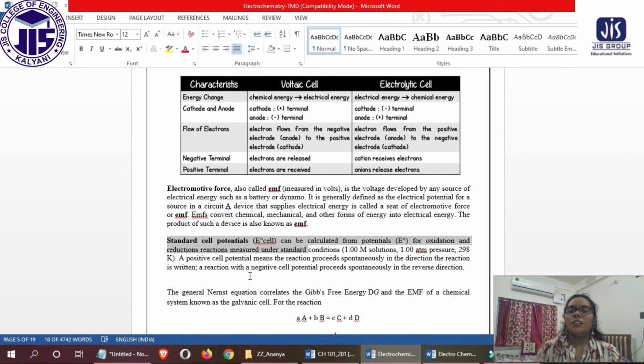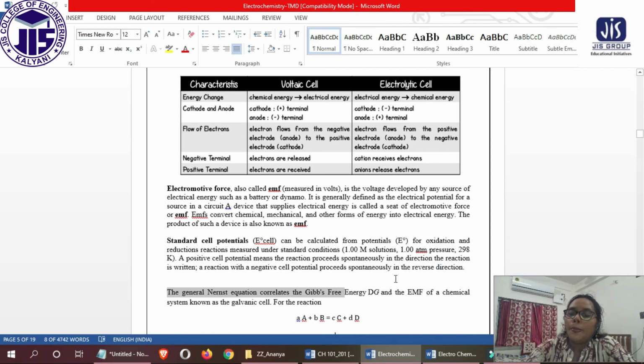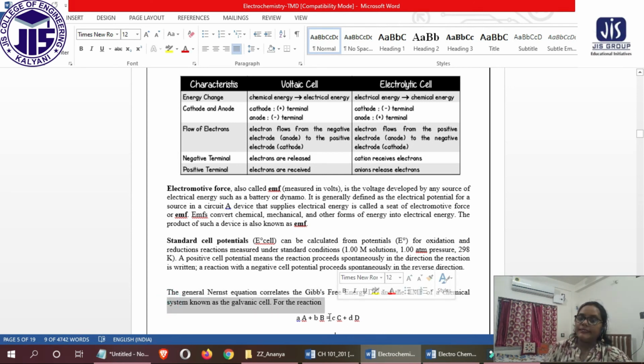Okay. So, what is the general Nernst equation? It correlates the Gibbs free energy, the delta G, and the EMF of a chemical system, that is known as the galvanic cell.